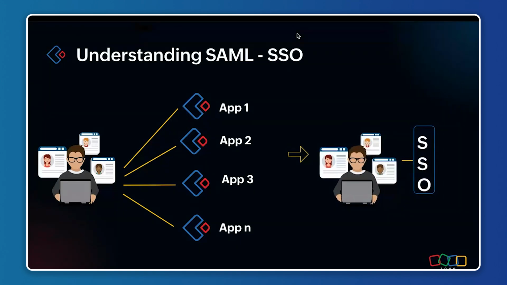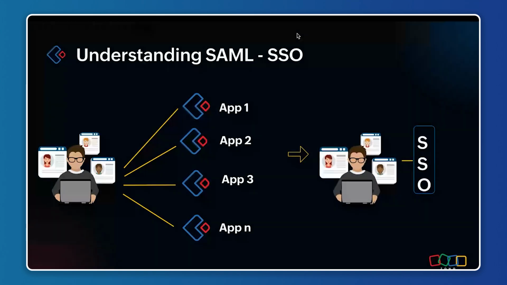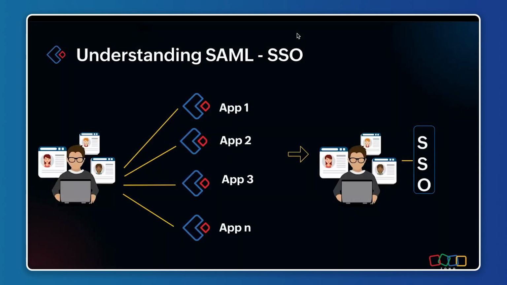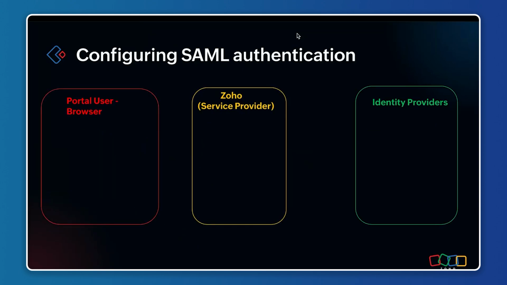So when SAML authentication is enabled for this portal user, the IDP will take care of the rest. Once the apps are added to the IDP and once the users are assigned, whenever they're logging in, the authentication and the validation will be done by the IDP, and using the single login, the user will be able to log into multiple applications.